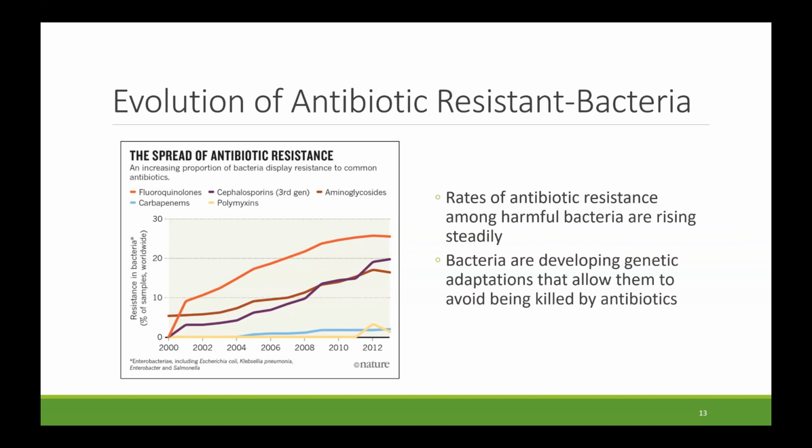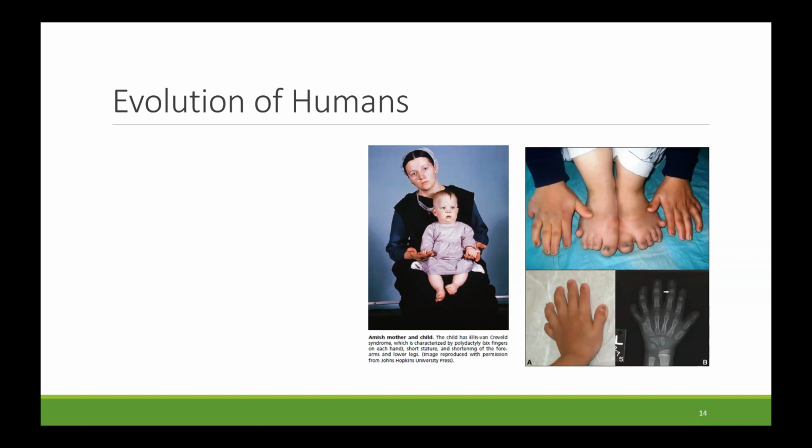We can even see evolution occurring, believe it or not, in some human populations. One example is the Old Amish Order in Lancaster, Pennsylvania. This is a community of about 30,000 people who practice an Amish lifestyle, but the group started out much, much smaller.